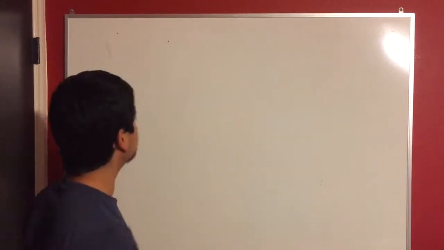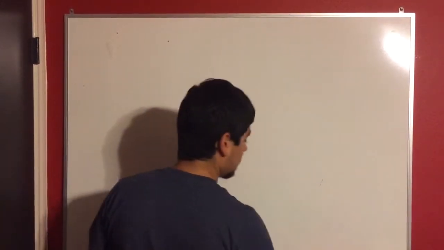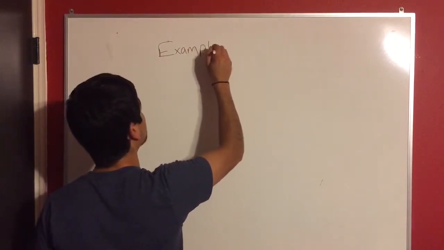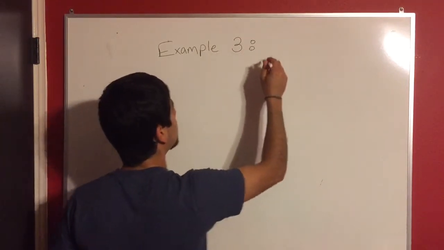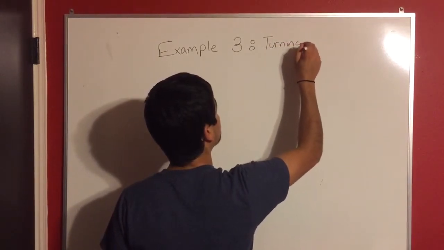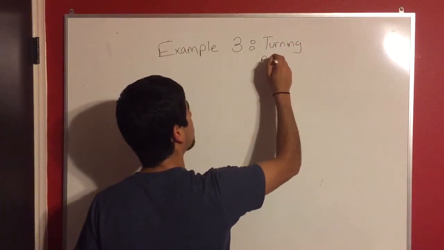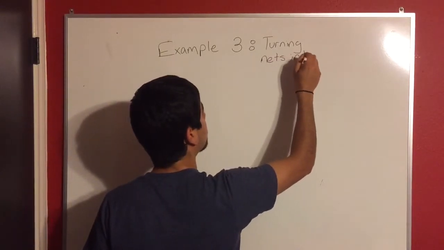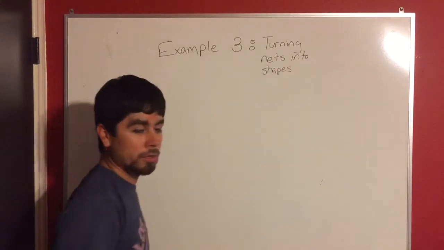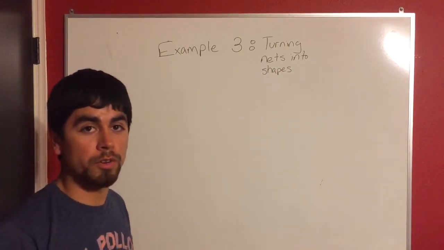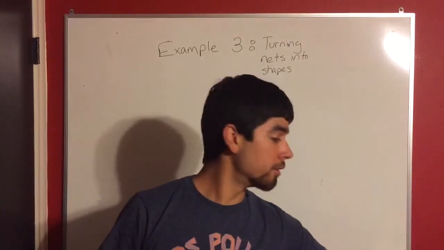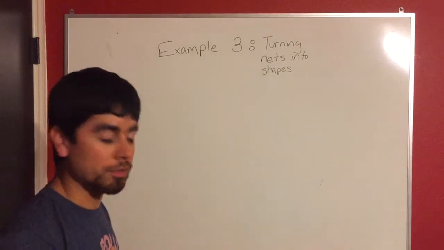Now for our last example, example 3. Example 3, we're going to turn one of our nets into the actual shape. We're going to actually cut it out and then glue it together and find out what our result is.